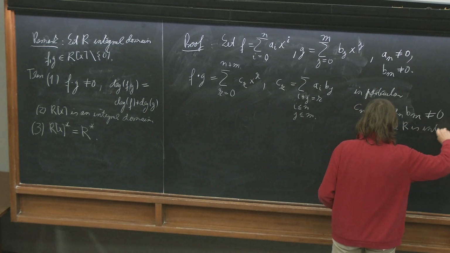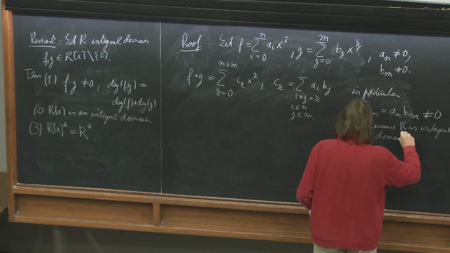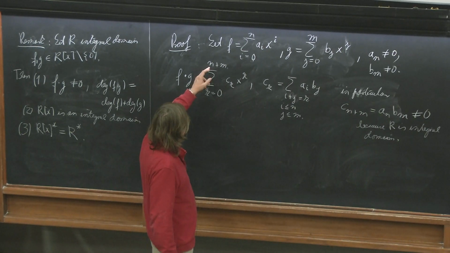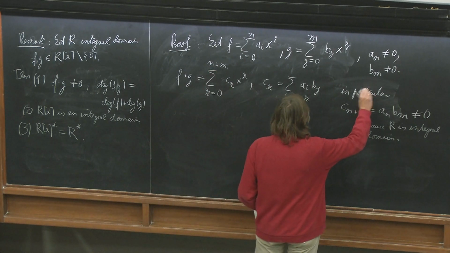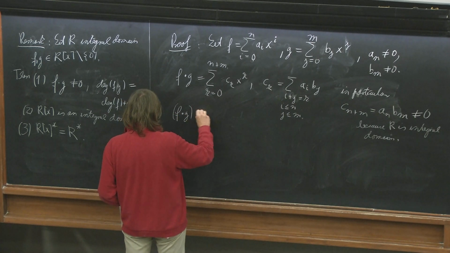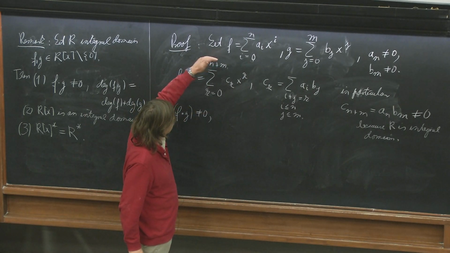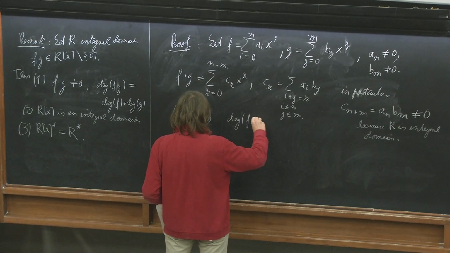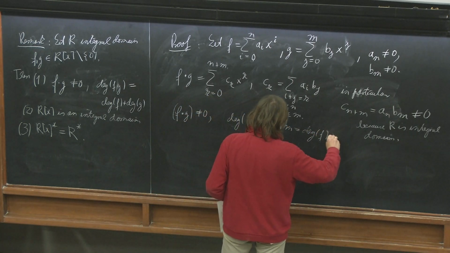So the coefficient of x^(n+m) is non-zero, and it follows that f times g is non-zero. The highest possible coefficient is n plus m, and that coefficient is non-zero, so the degree of f times g is equal to n plus m, which is the degree of f plus the degree of g.